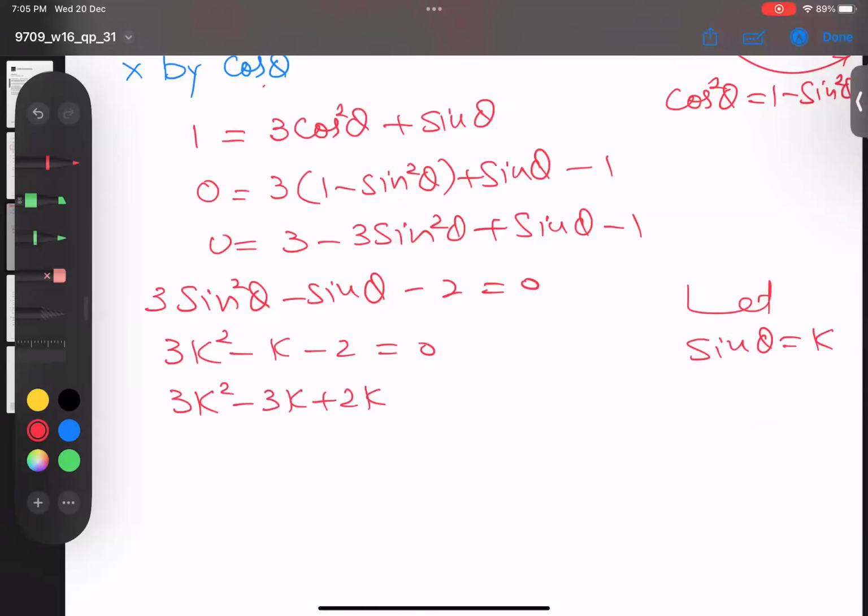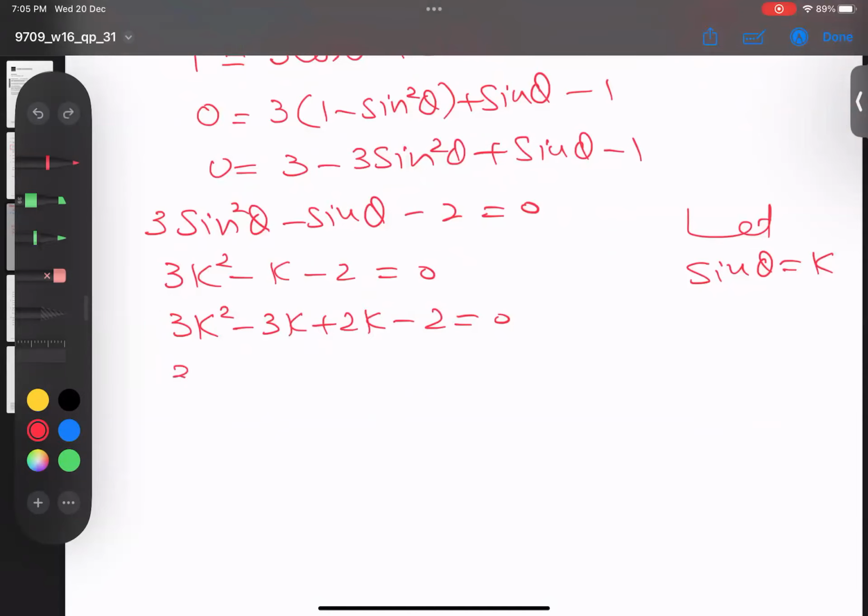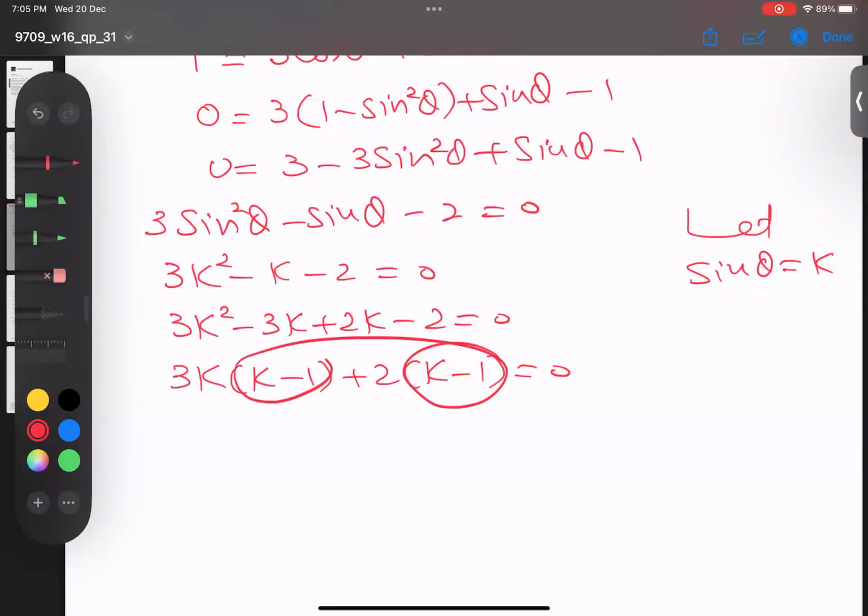You can factorize or you can go for the quadratic formula. From here, 3k common out, I get k minus 1, sorry. And from here, 2 common, I get k minus 1. And these brackets matching means we are doing it correctly. So this is gone, and 3k plus 2 is left behind. So I'm writing here 3k plus 2 is equal to 0.